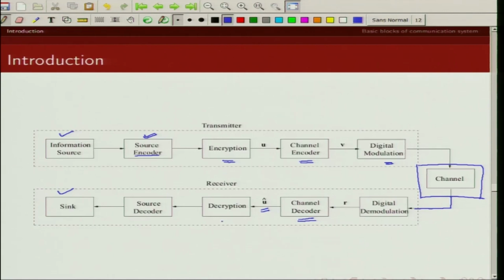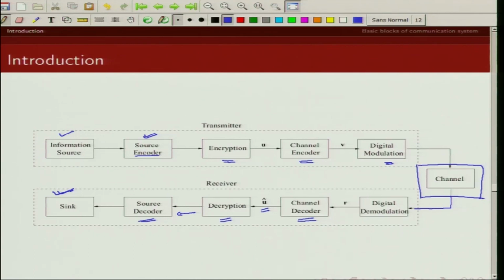Now de-encryption is the opposite action of encryption, and these de-encrypted bits come to the source decoder, which will then try to recover your original sequence from the compressed bits, and that is basically delivered to your receiver. So this is broadly the block diagram of your communication system.